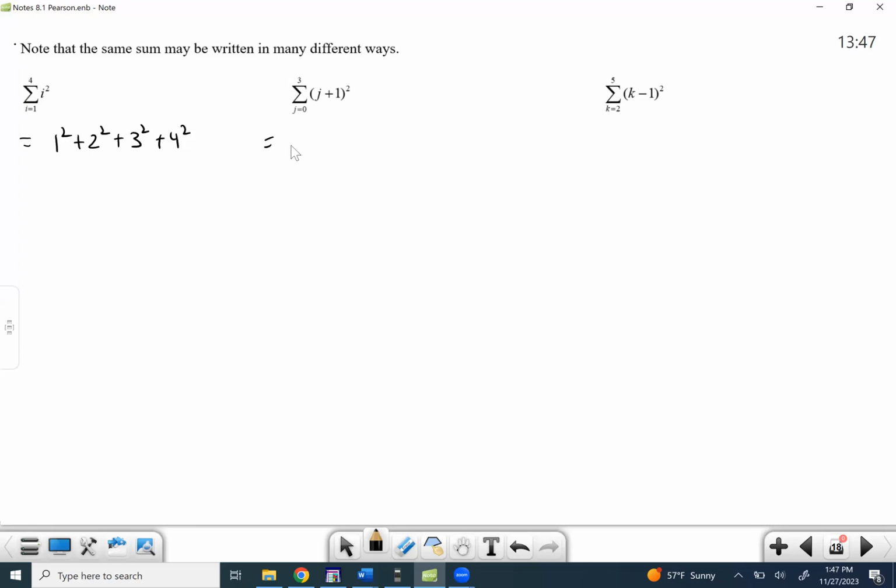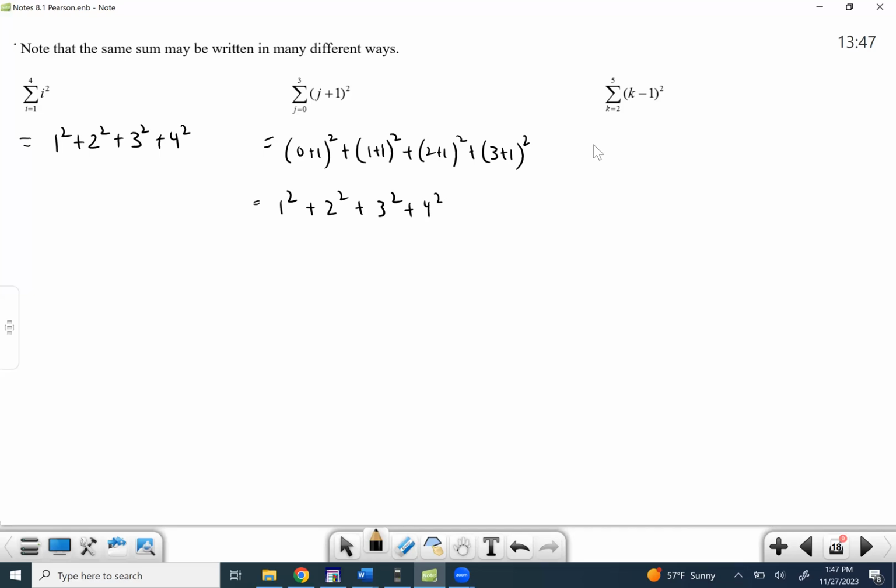On this next one, we would substitute in a 0, a 1, a 2, and a 3. But when you do the math to that, you still get 1 squared, 2 squared, 3 squared, 4 squared. So it still matches the first sum.